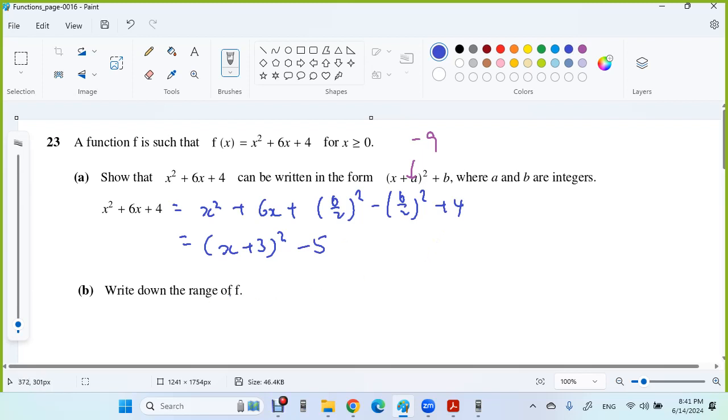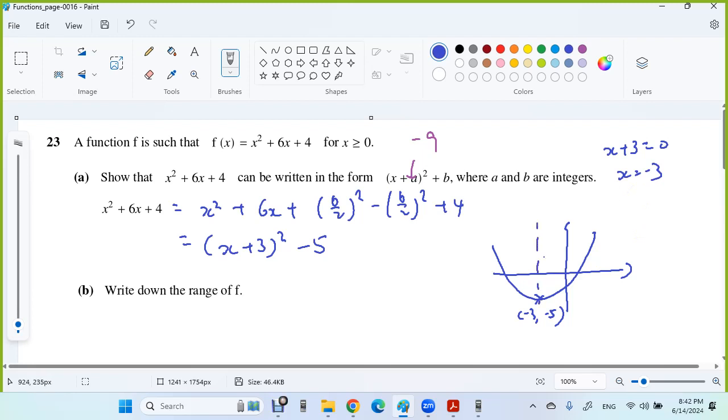Write down the range of f. So the range of f, the graph has a minimum point at (-3, -5). Because when x plus 3 equals 0, x equals -3, and this is the axis of symmetry, x equal to -3, and then the minimum value will be -5.